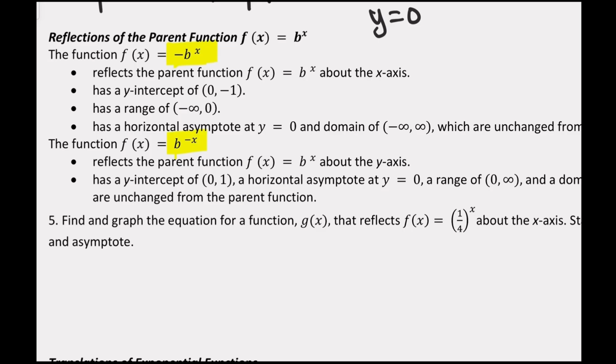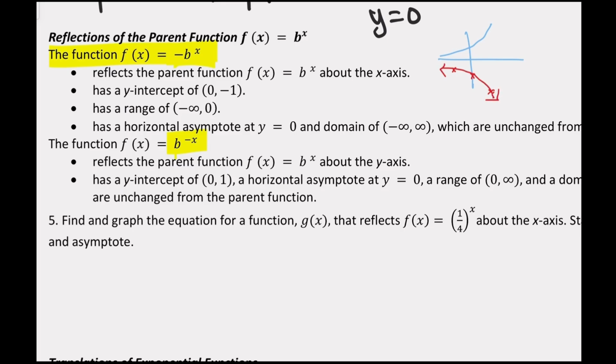When you put a negative in front of the whole thing, like the first one here, we would take all of our original y values and they would now be the opposite. Well, if you have all of these y values and you make them the opposite, they're now going to show up down here, down here, down here.